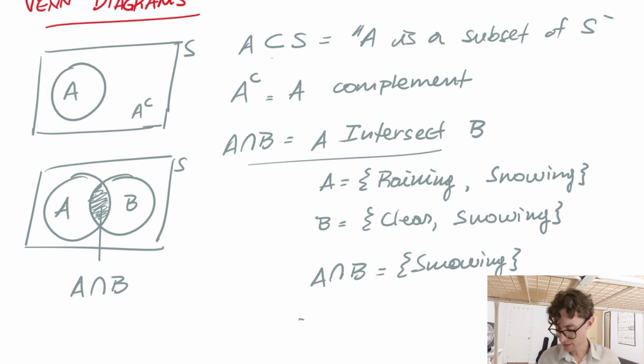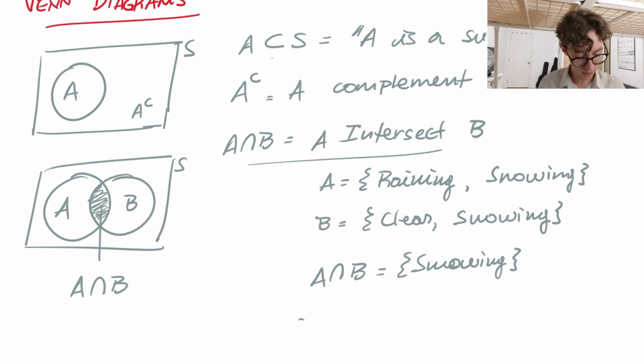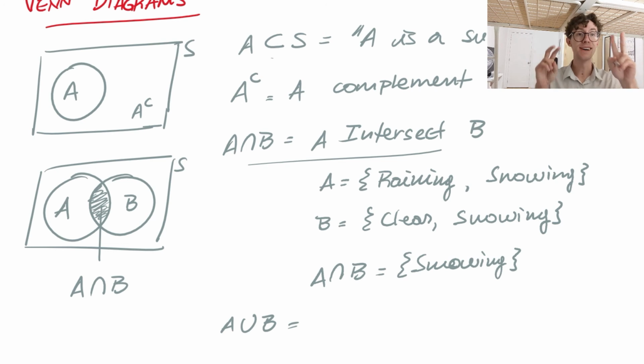Okay, finally, we have another notation that we will call A union B. So the union will be and. So that's or, I'm sorry. Union is or.